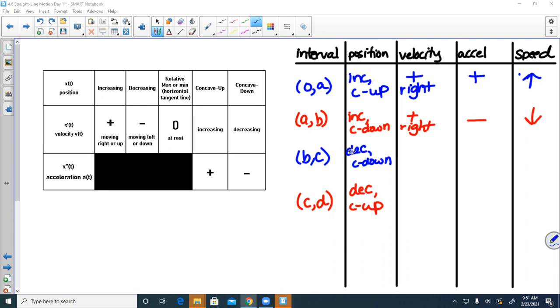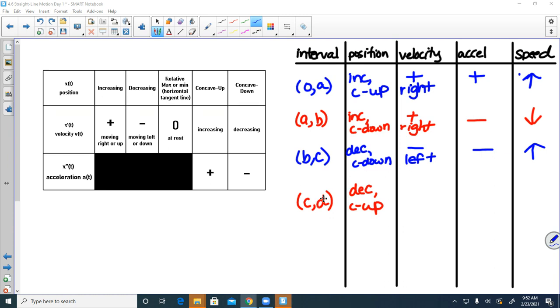Third interval, position's decreasing. So that means velocity would be negative. And the object, or the bunny in this case, will be going left. And concave down means the acceleration is also negative. Same signs for velocity and acceleration, so the bunny will be speeding up.